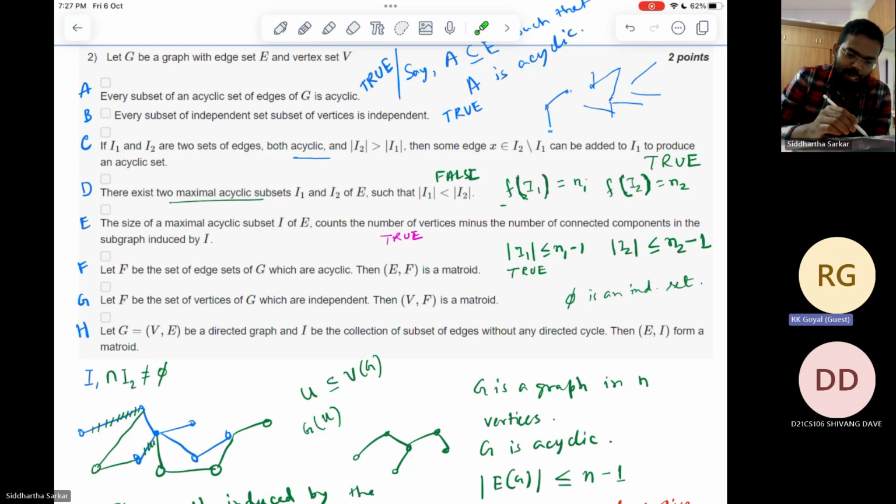Since F is the set of independent vertices, any subset of an independent set would also be independent, and we have seen this in the previous example also. And if we add something to an independent set, it will still remain independent. We did this earlier also, so this is true in my view.